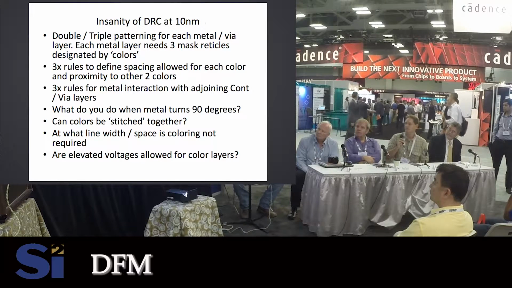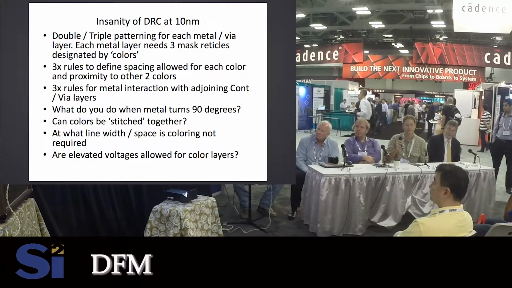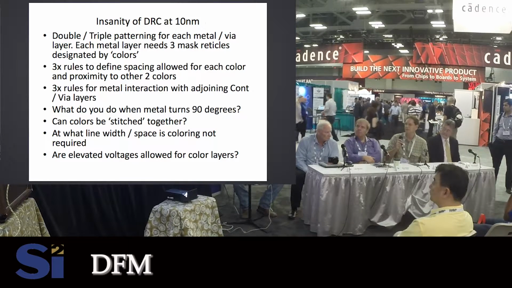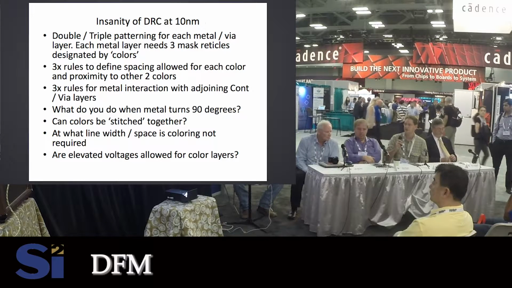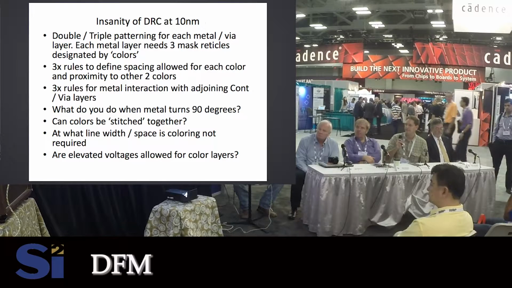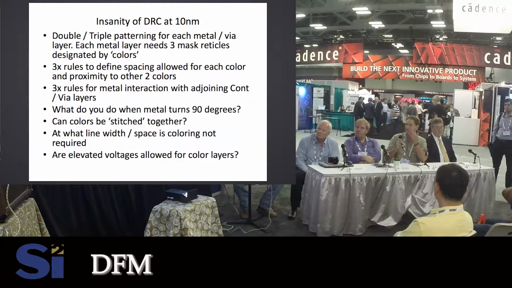So you also have interaction between those metal and via layers. So you could have rules for how much overlap for the different colors or spacing of the different vias to the different color layers. And then there's questions, what do you do when the metal turns 90 degrees? Sometimes you have some particular careabouts with those colors.